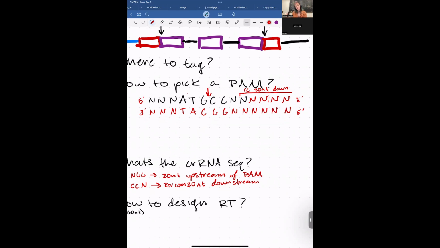So this is the complement of that strand. And if you remember, when we write DNA sequences, we always write it from 5' to 3'. So if I wanted to write out this strand of DNA, I'm just gonna rewrite it. It's exactly the same. Just I'm gonna write it 5' to 3'.